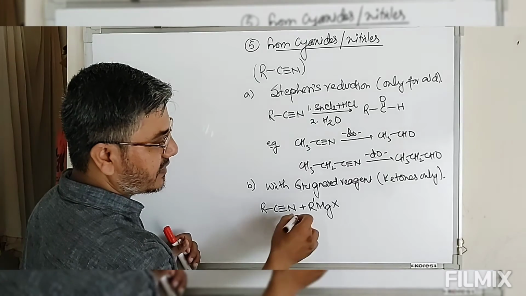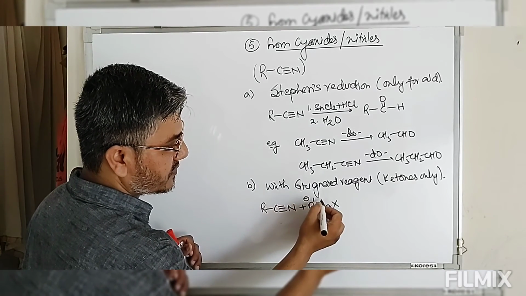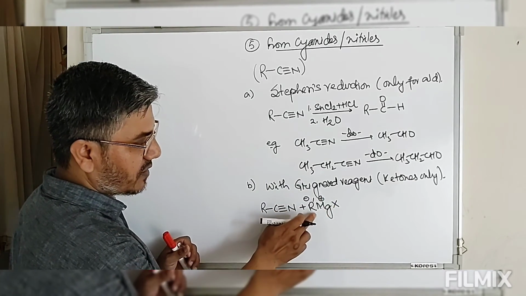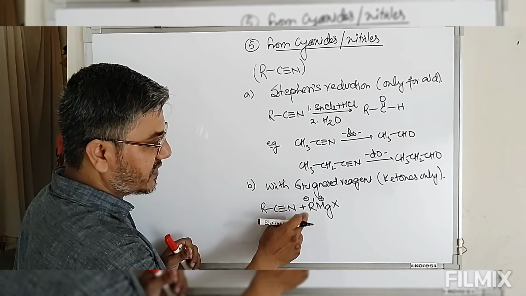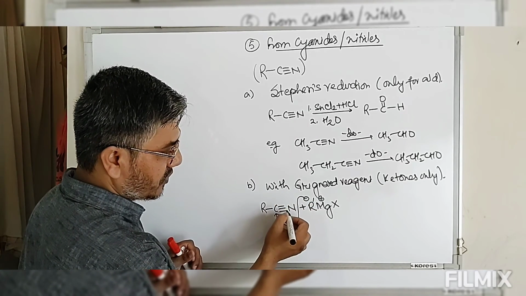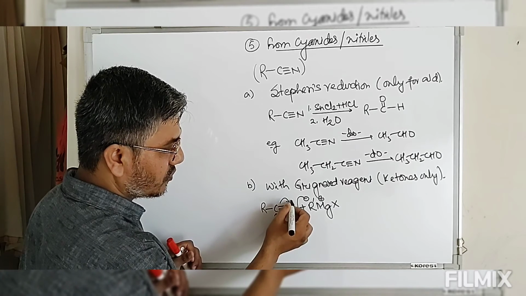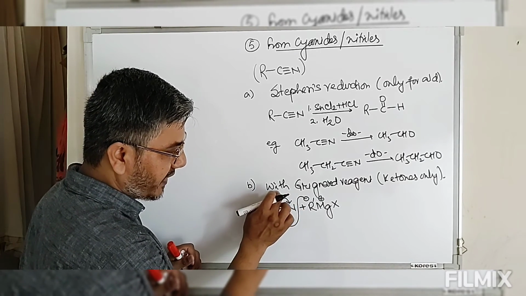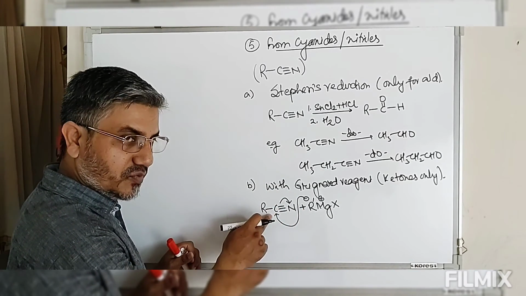The alkyl group attached to magnesium is negatively polarized, magnesium is positively polarized, so carbon is the nucleophile. This nucleophilic carbon attacks the electrophilic carbon here, because the pi electron is shifted to nitrogen, so carbon is electrophile, positively charged.